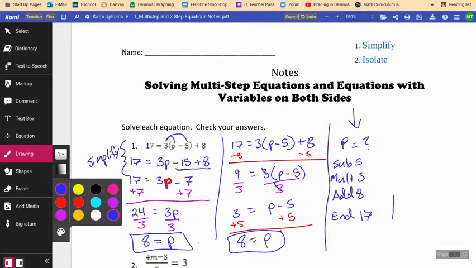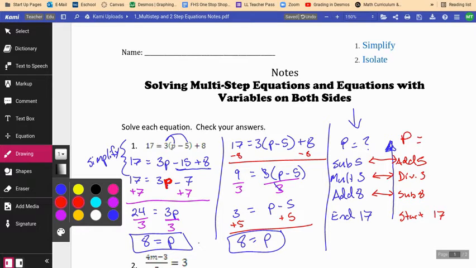Well, I can reverse my method in order to solve this. I could say I'm going to start with 17. Then I'm going to subtract 8, right? Because these are inverses of each other. I'm going to divide by 3, again, inverse. And then I'm going to add 5, right? Then I should know what P equals.